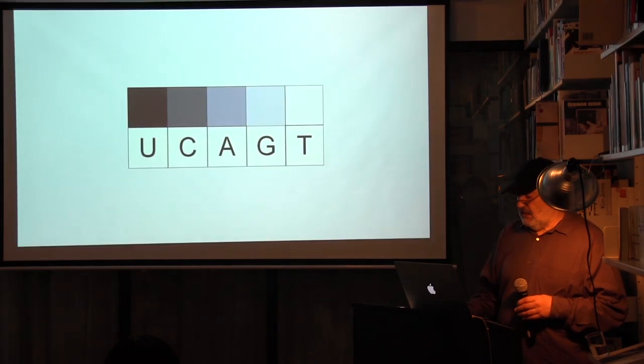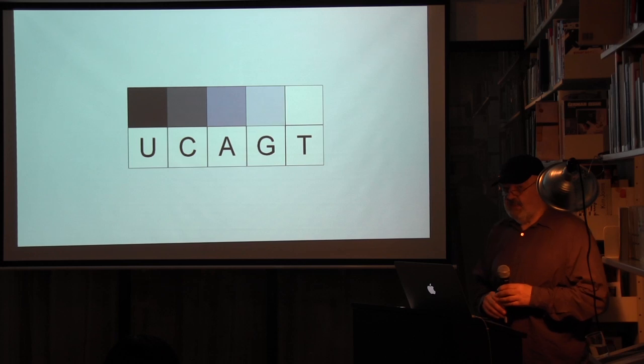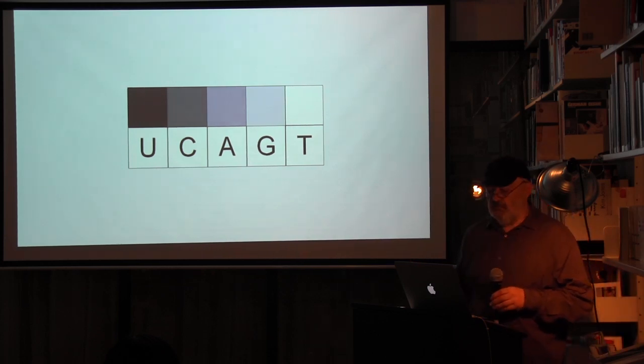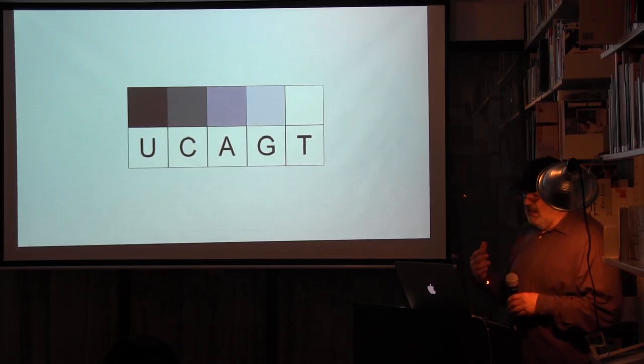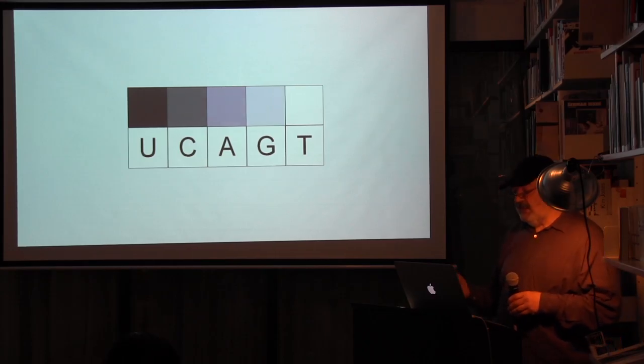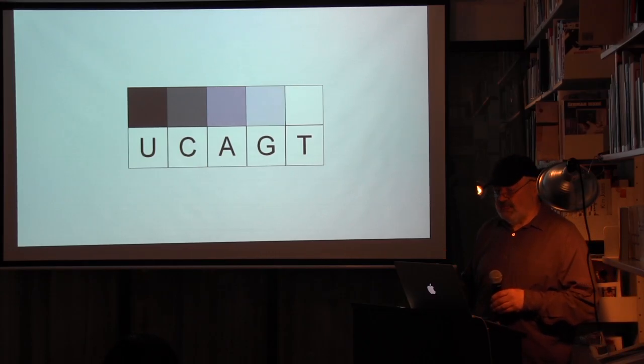So you can, and this is the proposal. The proposal is to, instead of using these 5 arbitrary letters, assign these 5 discrete values of the grayscale to each of the bases.